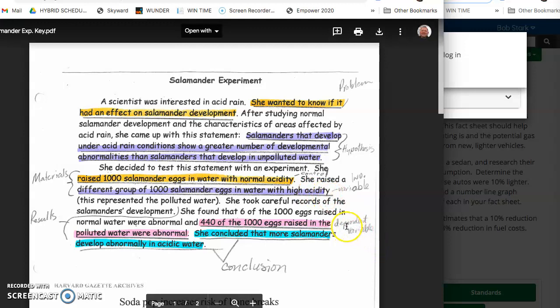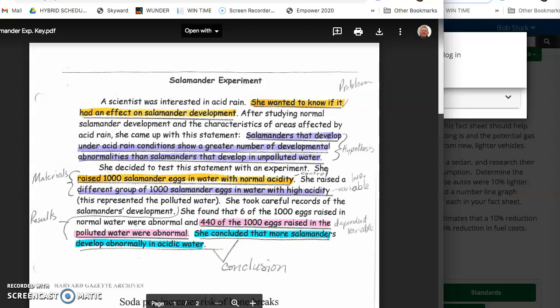The dependent variable is what you are trying to measure. In this case, the dependent variable was the development of the salamander eggs. And remember that the independent variable will cause a change in the dependent variable.